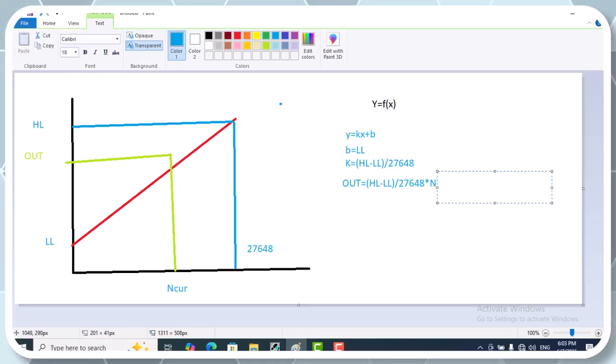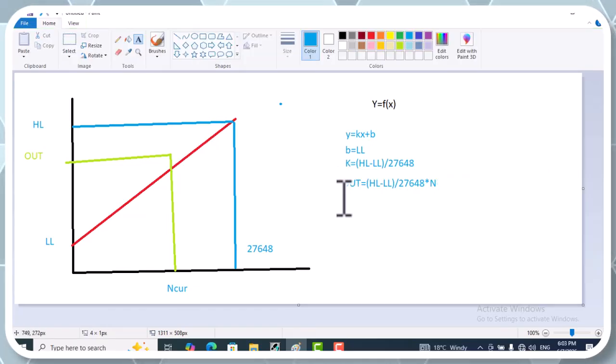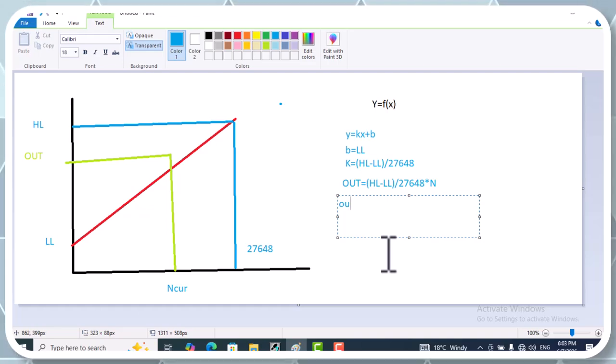So we have some problems here. Let's write it again. Out is equal to high minus LL, divided by 27,648, multiplied by N current, and plus low.